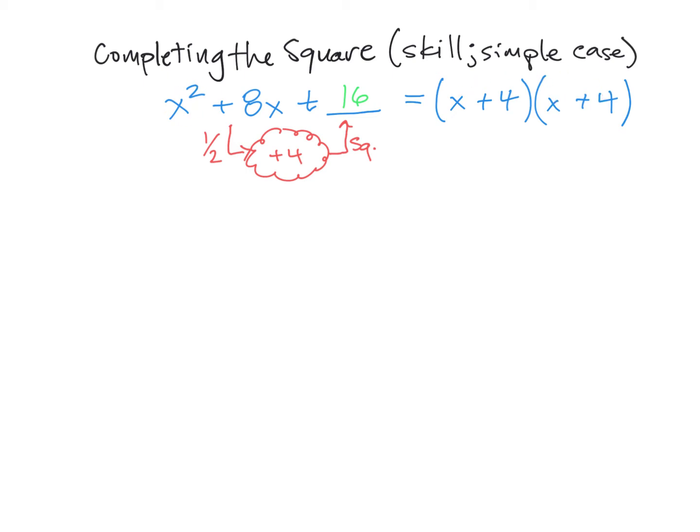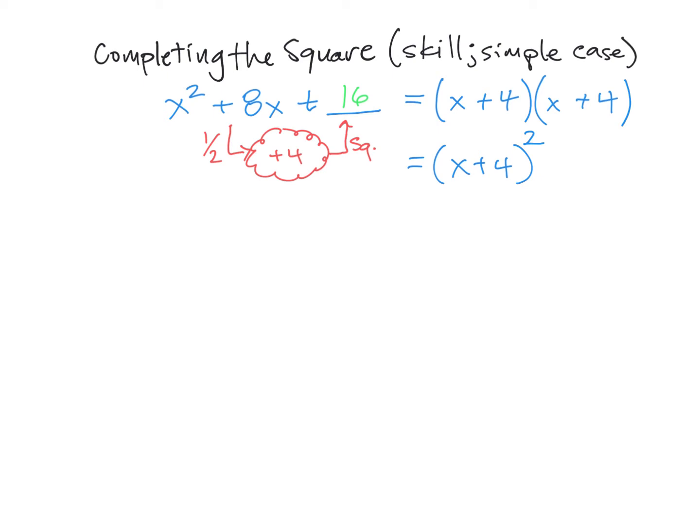X times 4 would be 4x. The other 4 times the other x would also be 4x. 4x plus the other 4x is 8x. And then 4 times 4 is 16. So I've got it factored, but I notice these two factors are identical. And so when I multiply something times itself, I can think of that thing being squared. So I have x plus 4 squared.